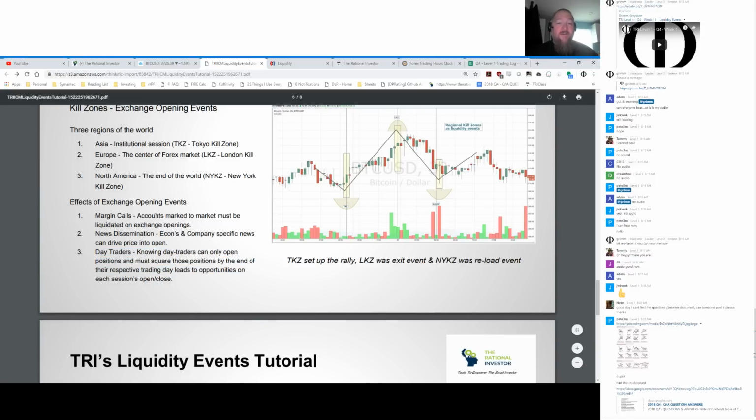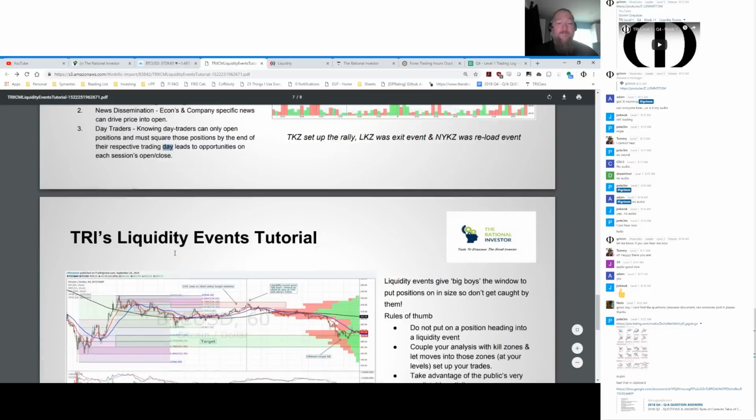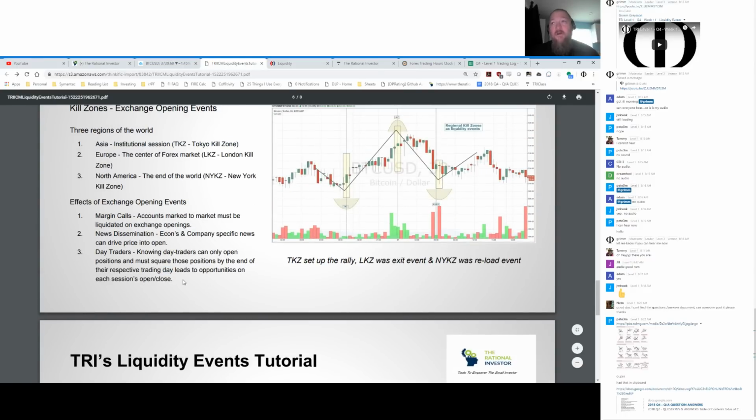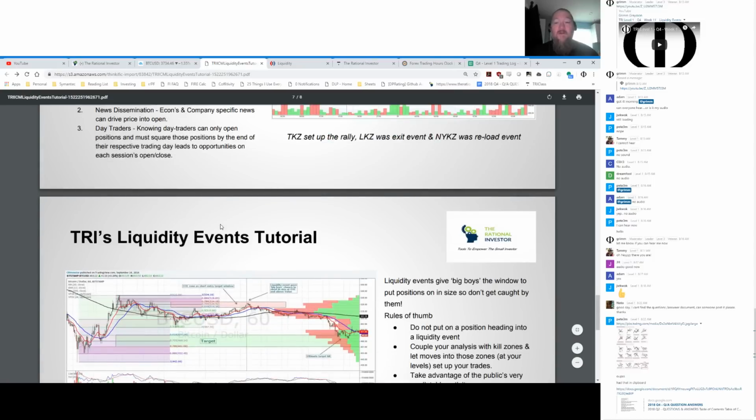The end result is the liquidity at these points, because of margin calls, news dissemination, and day trading, is very, very high. If you're watching the market at the London kill zone, at the New York kill zone, you will see the prices of assets move wildly during those time periods, relative to how much they're moving during the rest of the day.